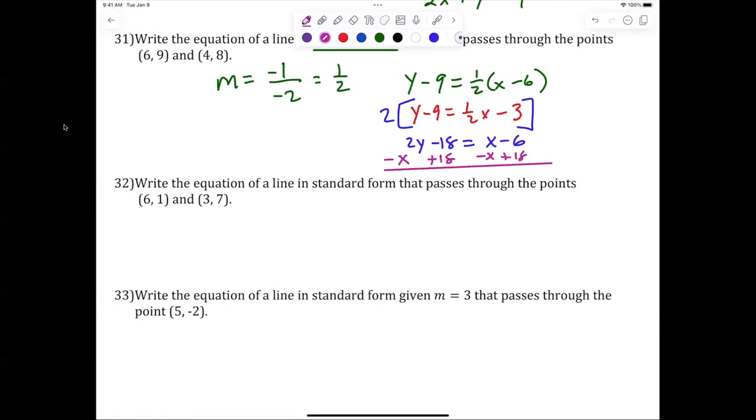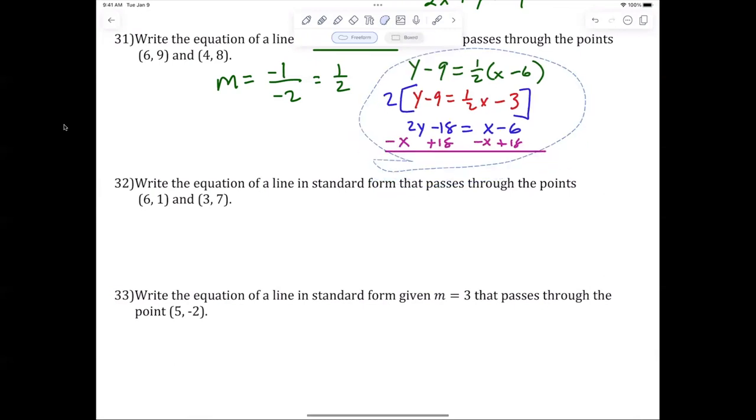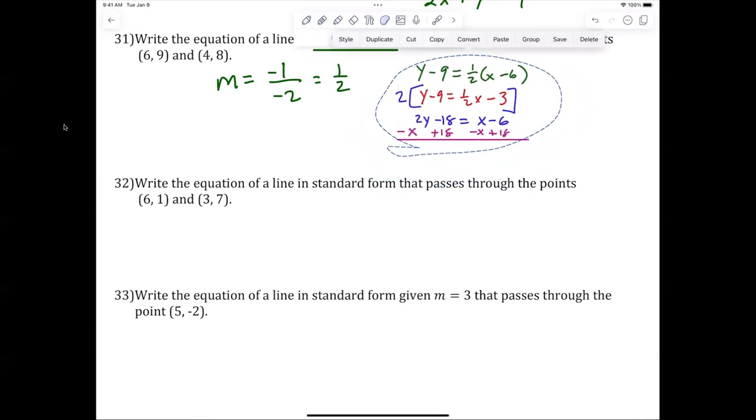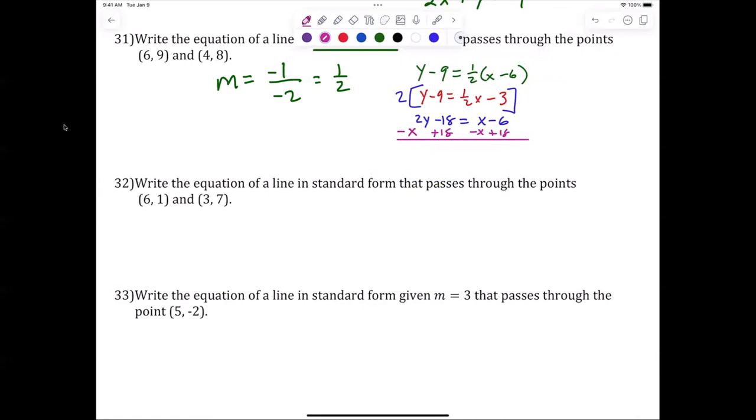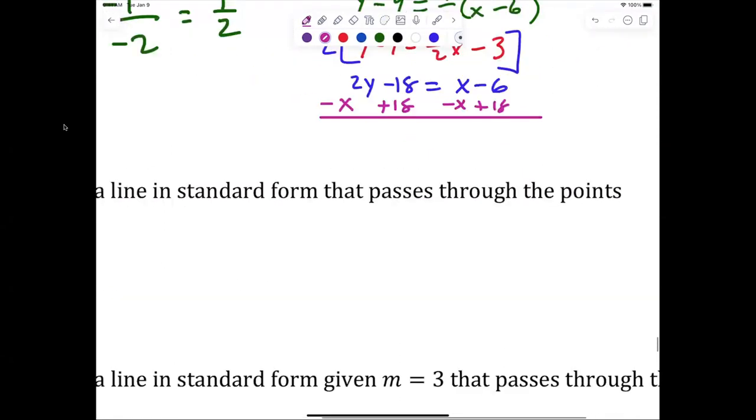All right, now simplify that for me. So these cancel. So what's left on the left side? 1x, negative 1x plus 2.